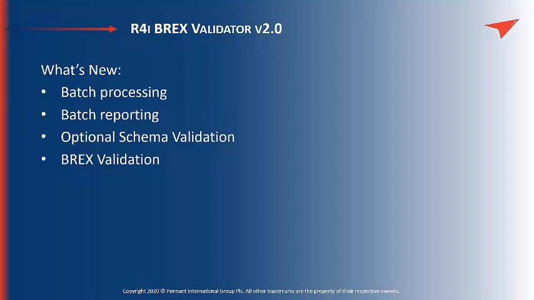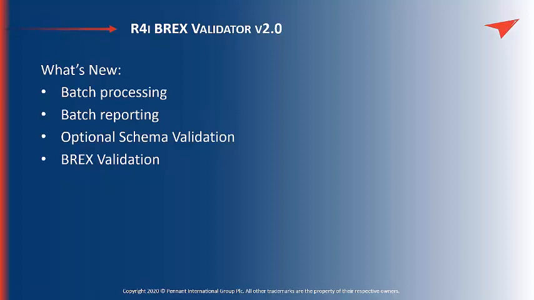And we thought, we may as well not just do a BREX validation, but also verify that the document is valid to the schema. It's a refresh, an update, with brand new features. That's what I want to show inside our BREX Validator.